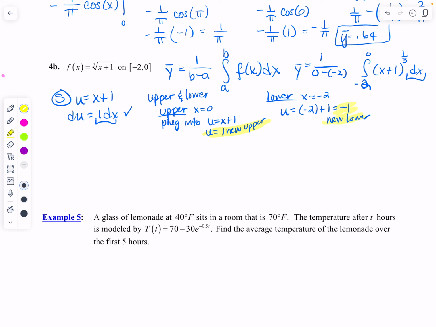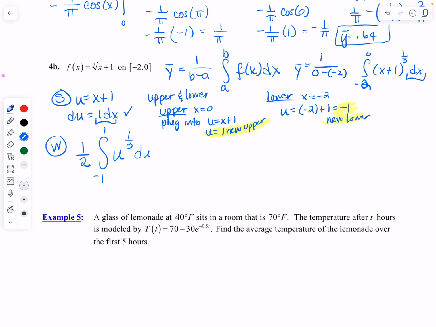Okay, now that I've taken care of that, I need to write up my function in terms of u. So don't forget that I have 1 over 0 minus -2. So I have 1/2, and I'm integrating from the new upper was 1, and the new lower was -1. And I have u to the 1/3 power du. Okay?